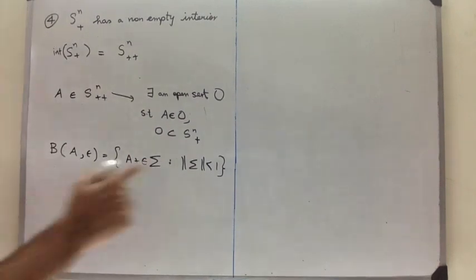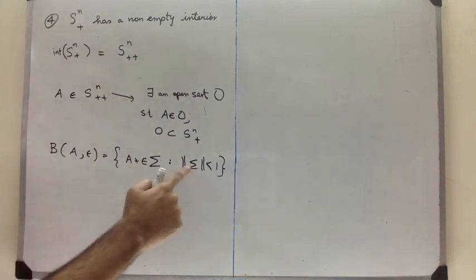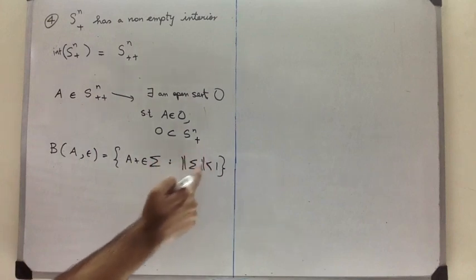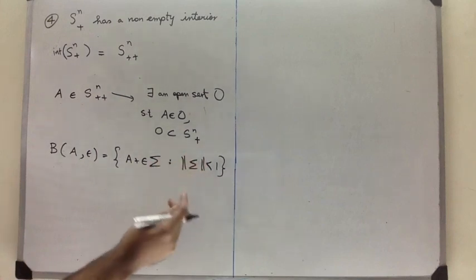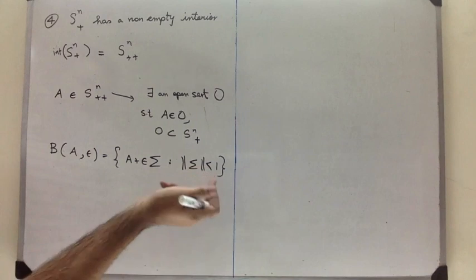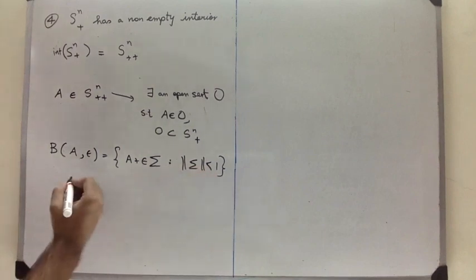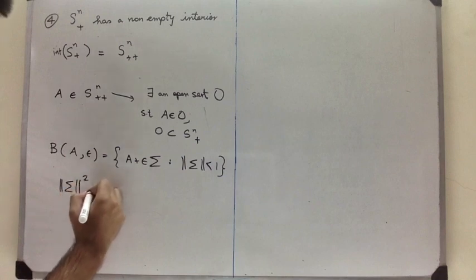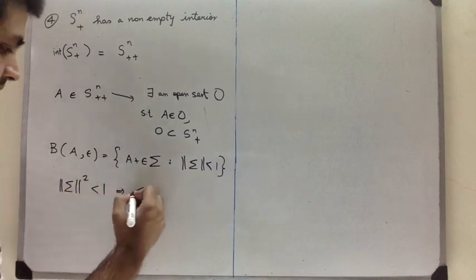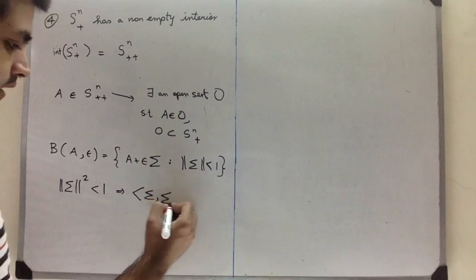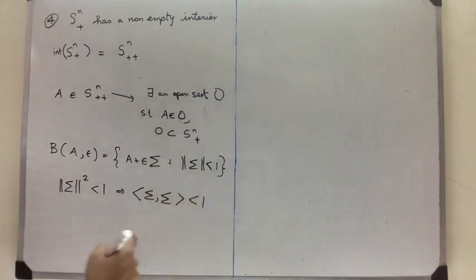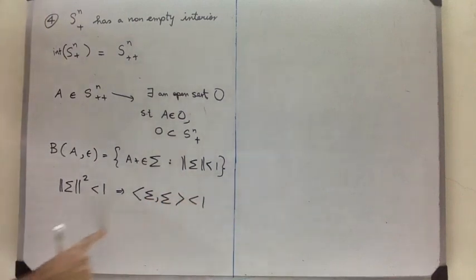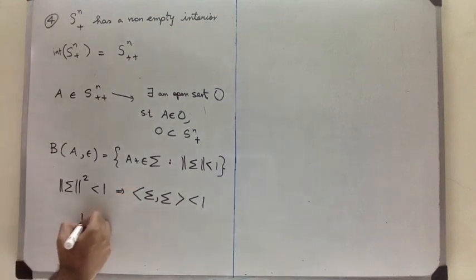We first look at the implication of this sigma matrix having a norm less than 1. So norm sigma squared is less than 1, which implies that the inner product is less than 1. We had already mentioned that the inner product is the trace of the two matrices.